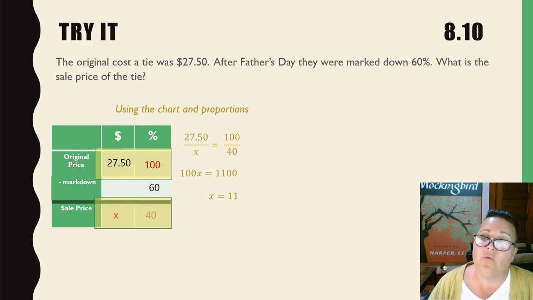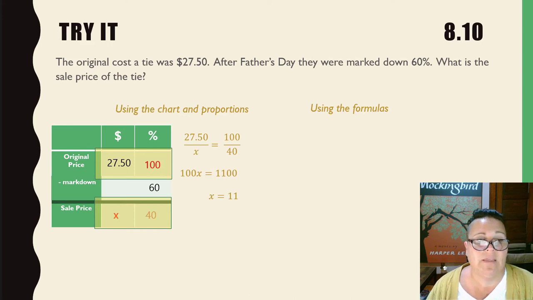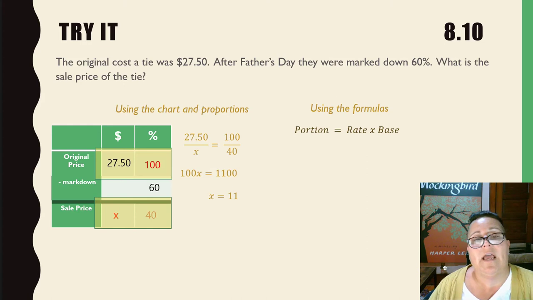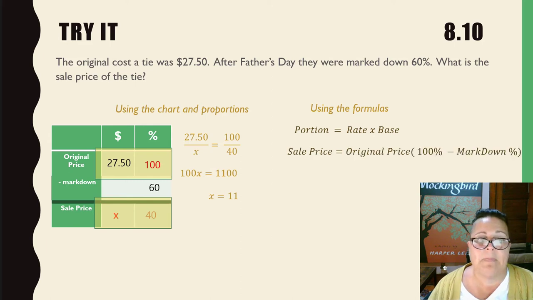If you would prefer the formulas, that would look something like this. From using the formulas, we know that our portion has to be the rate times the base. Our portion is the sale price.